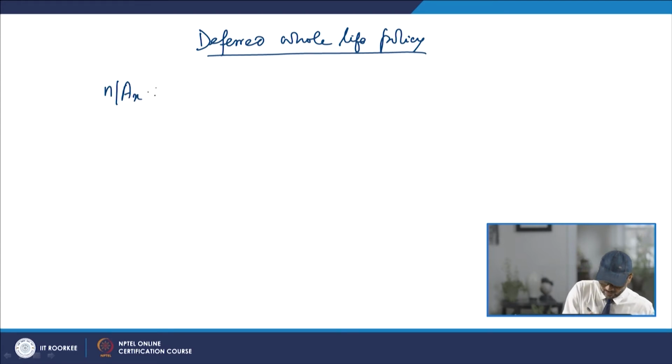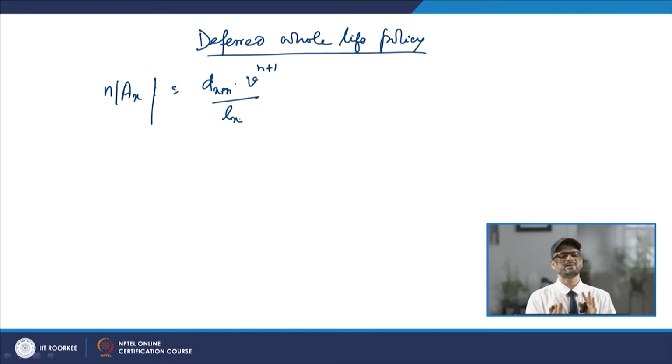So, n is the deferment period in that case, and it will be calculated as dx plus n v n plus 1 divided by Lx. Basically, we started with n as 0 in the earlier case, where to calculate a single premium it was dx by Lx into v. Here you are assuming that for n years the payment is deferred, after that he will pay.